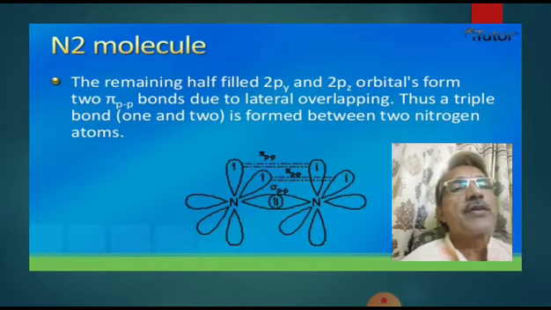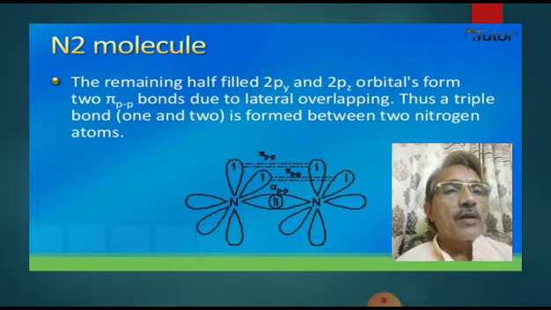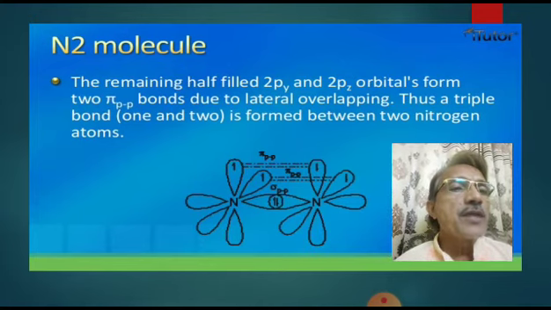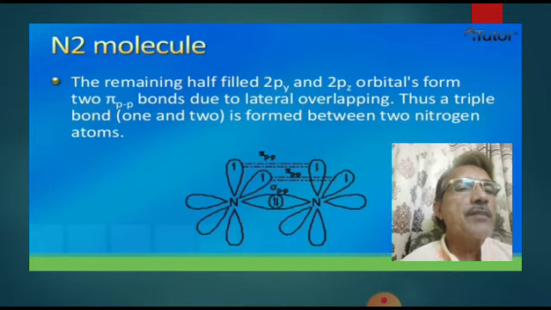Here you see formation of N2 molecule. In N2 molecule, a covalent triple bond is formed between two nitrogen atoms. Initially, sigma pp bond is formed between two N atoms. This sigma pp bond is formed by axial or head-on overlapping between two 2p orbitals of each nitrogen atom.